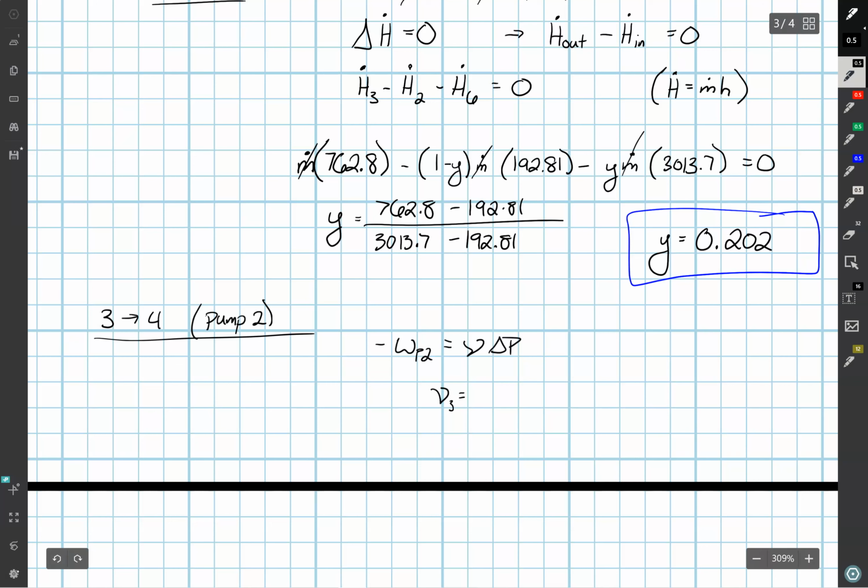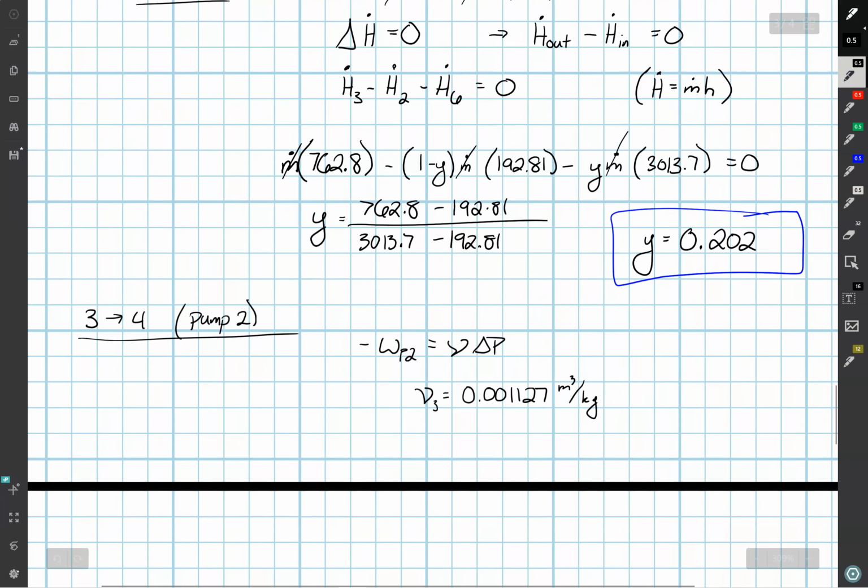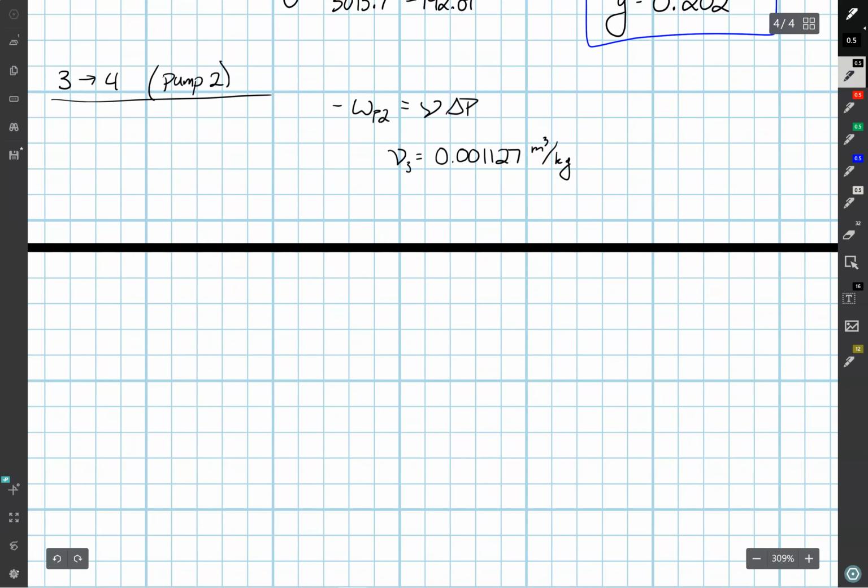Specific volume 3 is 0.001127. So we can figure out the work for this pump, minus WP2, 0.001127 meters cubed per kilogram times our change in pressure, which is 20,000 minus 1,000 kilopascals, or kilojoules per meters cubed, as it happens.